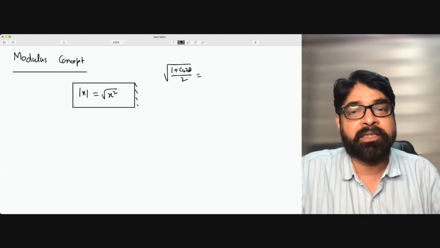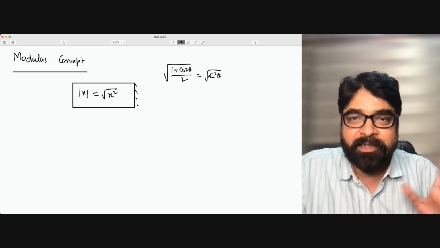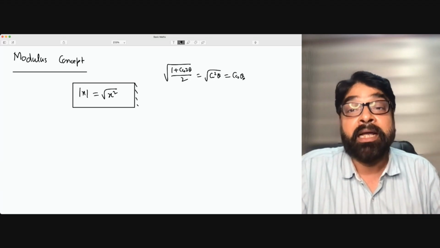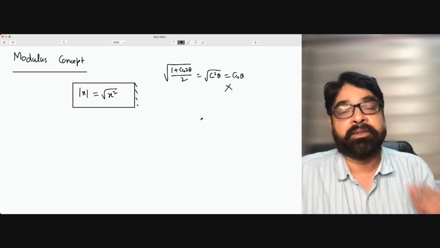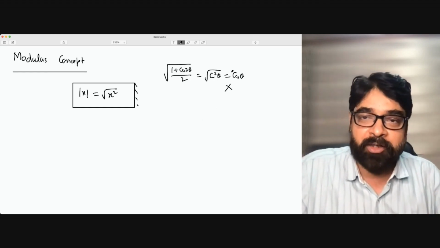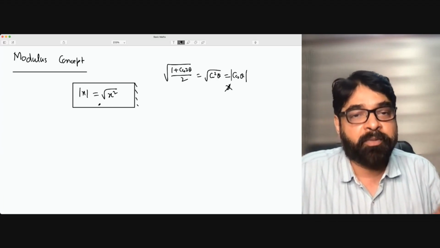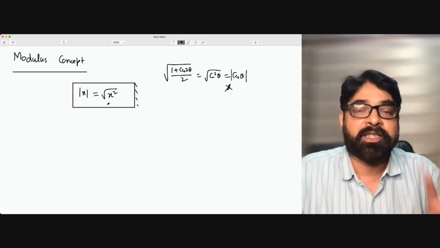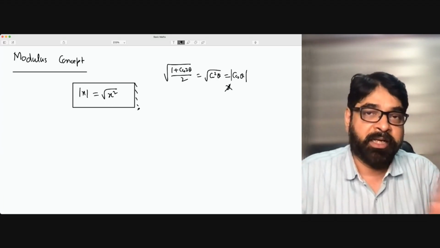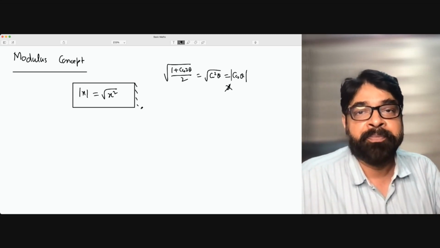So 1 cancels, 2 cancels, sir, root cos square theta. Actually, they never write this step. Directly they say cos theta. It's a blunder. Root cos square theta is never cos theta. It will be mod cos theta. Always remember this point. That is why I always keep in mind that whenever root of x square is coming, it's mod of x. It's never x. I'm sure it's clear to everybody, right?